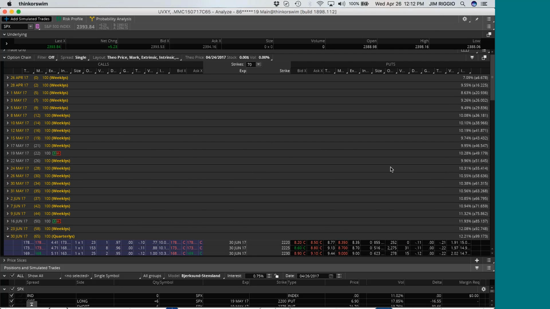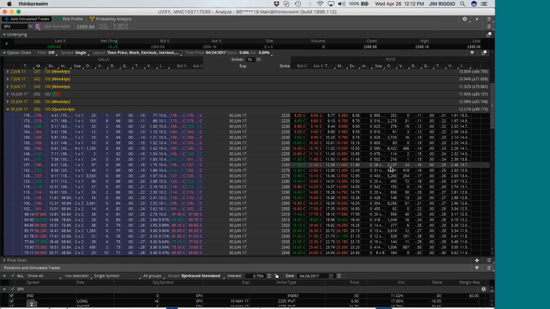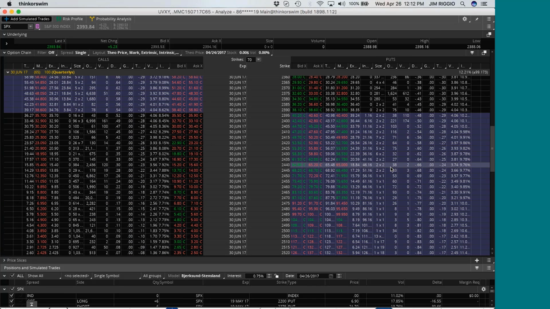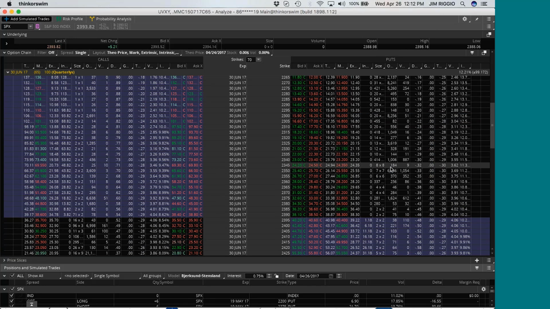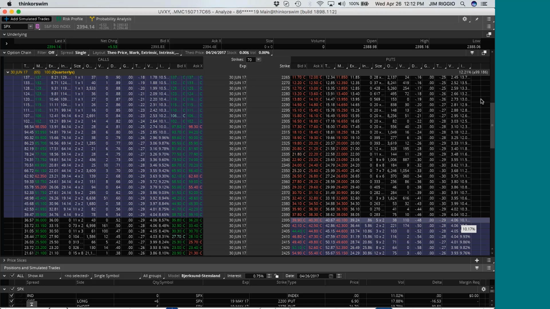So if I am a good consumer and I know my pricing, and we've talked about this in other things, if I've calculated this for a long, long time, and I see that the implied volatility is 10 here, but if I go 100 points below the money, it's only 12.